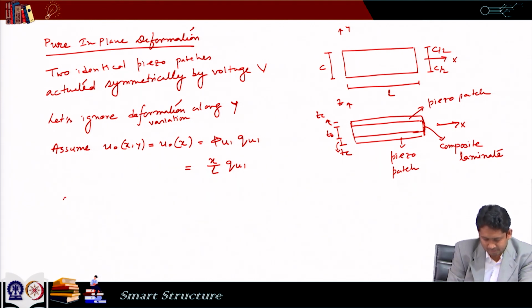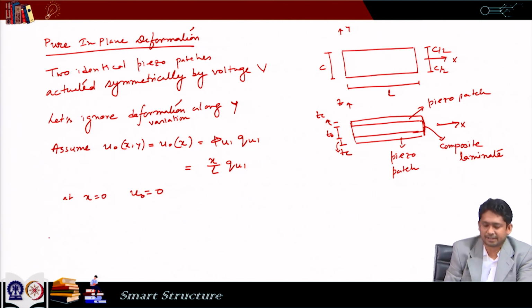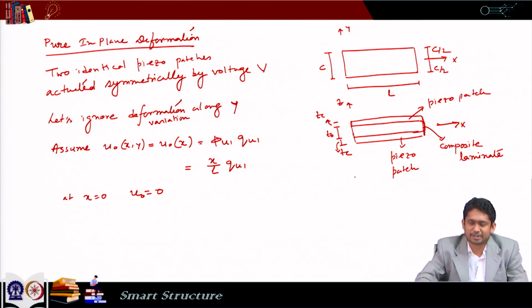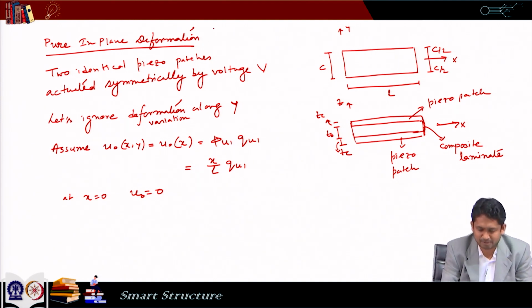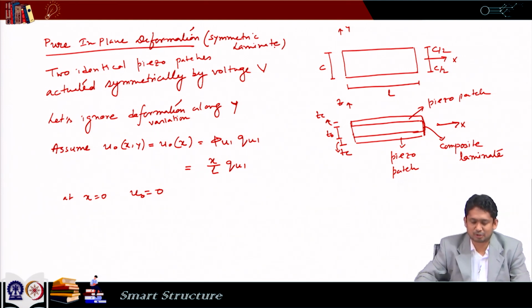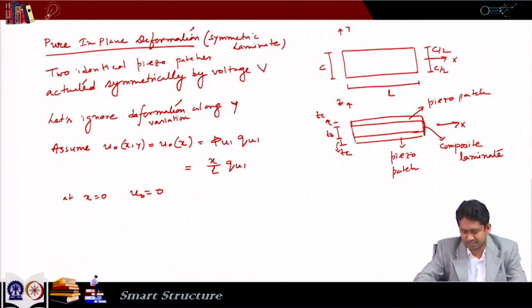So, at x equal to 0, u0 is 0, and again because there is no out of plane deformation, our laminate is symmetric. So, for pure in plane deformation, let us assume symmetric laminate. And the actuation is also such that it does not induce any moment, it induces only in plane forces.